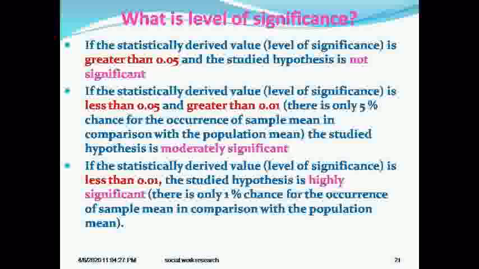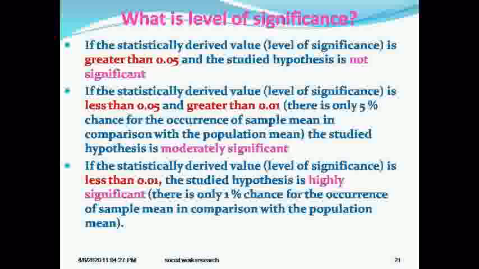So these are the three levels of significance generally used in research. If the derived value is more than 0.05, then we have to reject the hypothesis. We can say that it is the null hypothesis and there is no relationship between the two variables. We can't establish any relationship between the studied two variables.